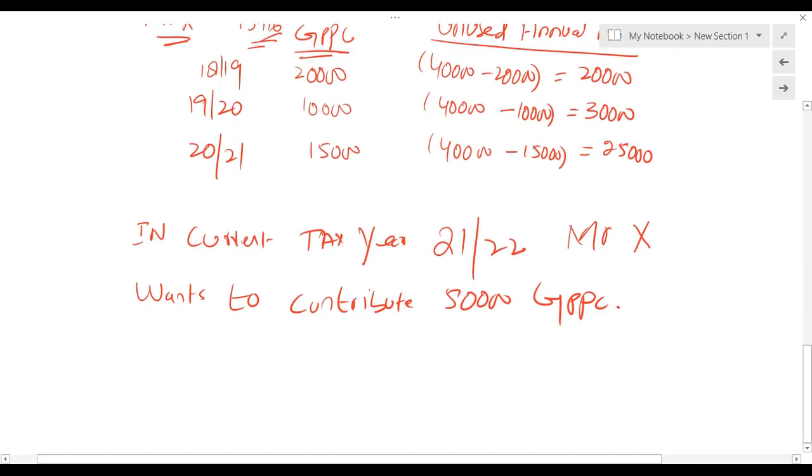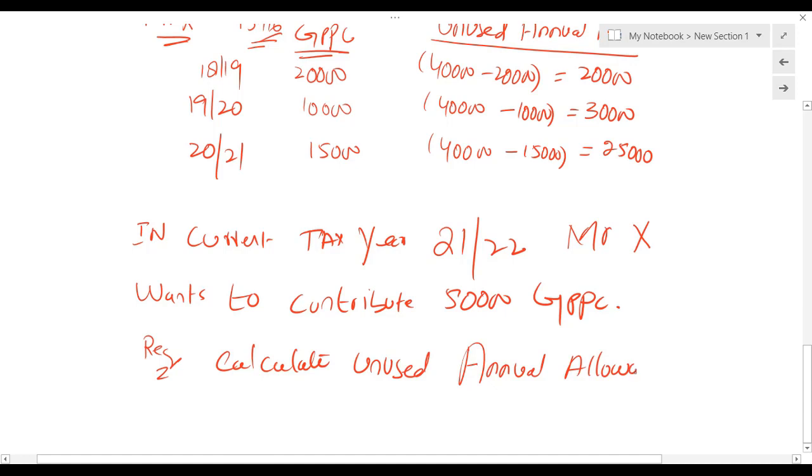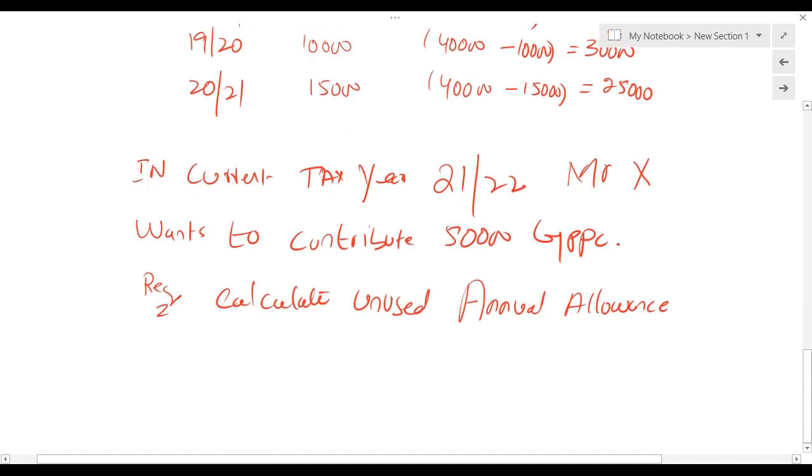Required: calculate unused annual allowance carry forward in 21-22.